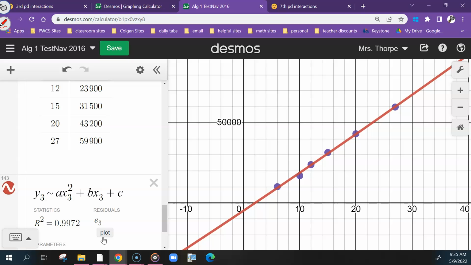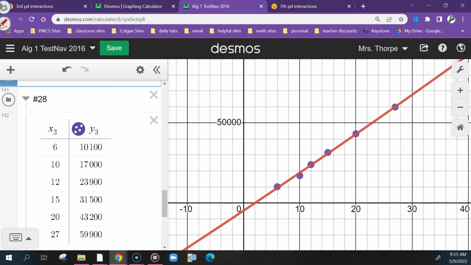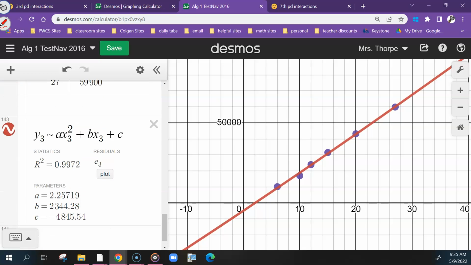So again, mine says 3 because this is my 3rd table that I'm using. Yours would probably just say 1 because it would be your first table.